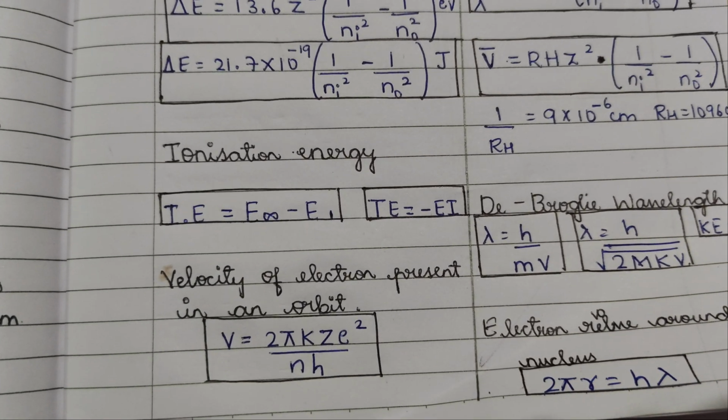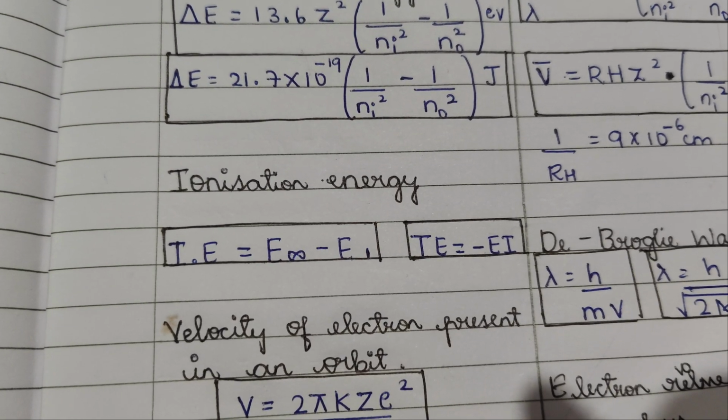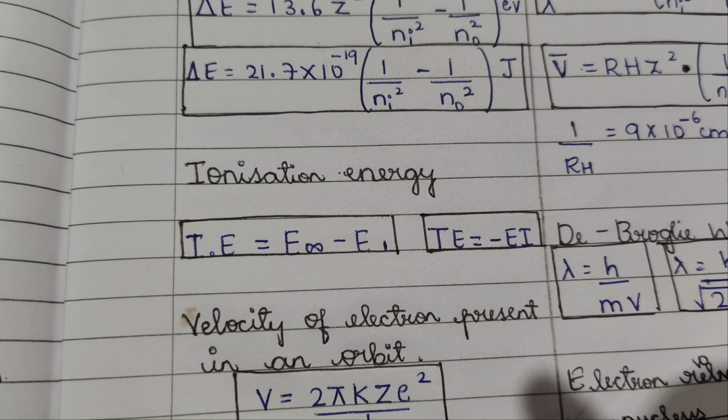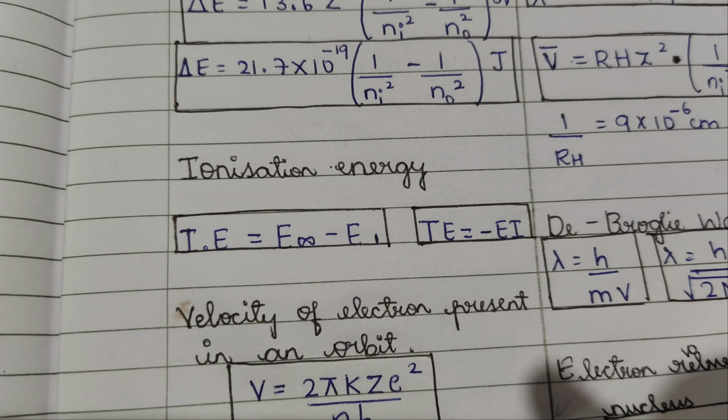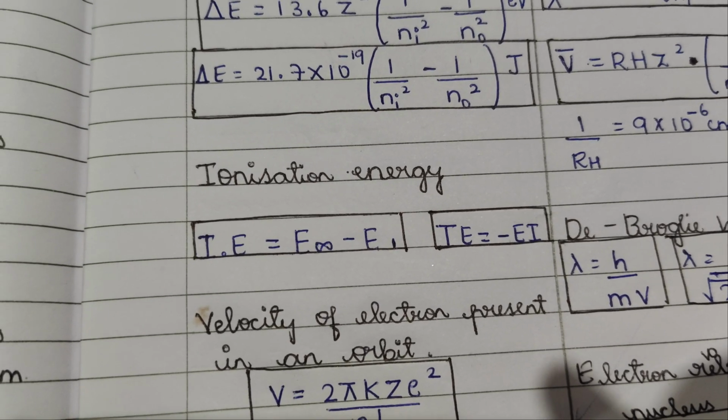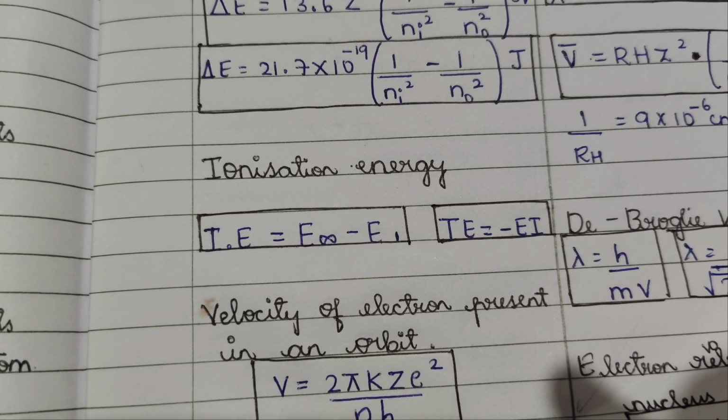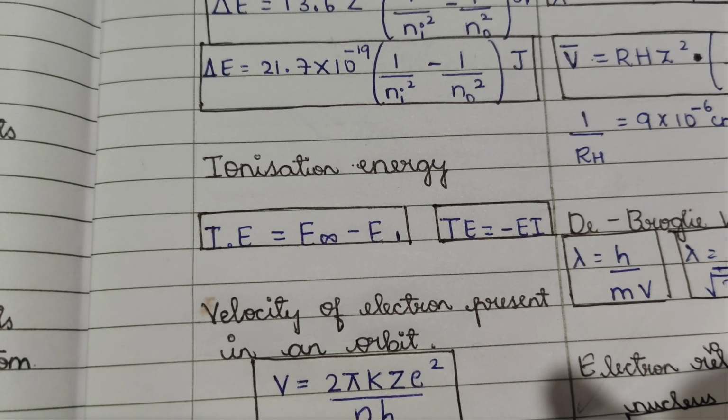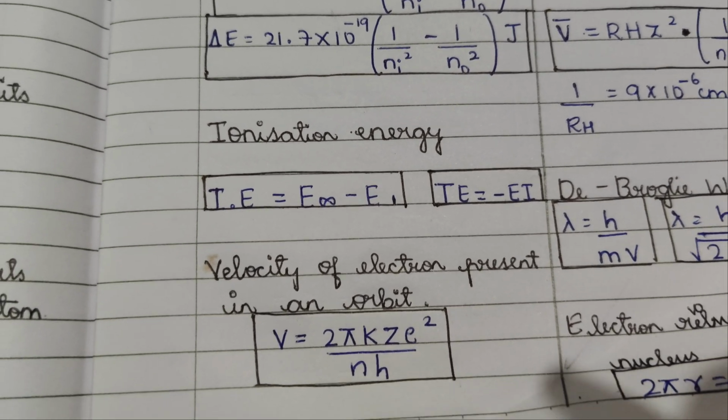Next, ionization energy. IE is equal to E infinity minus E1. Here TE is equal to minus IE. Total energy is equal to minus of ionization energy.